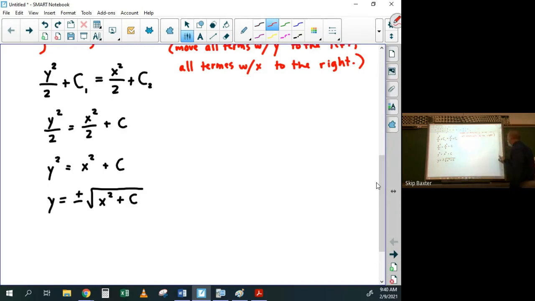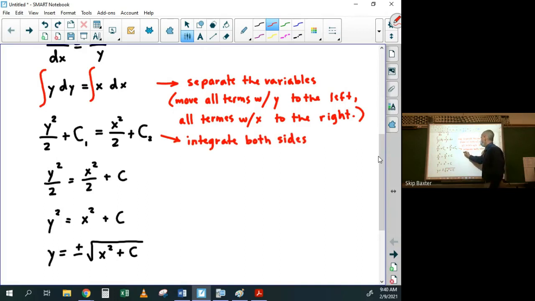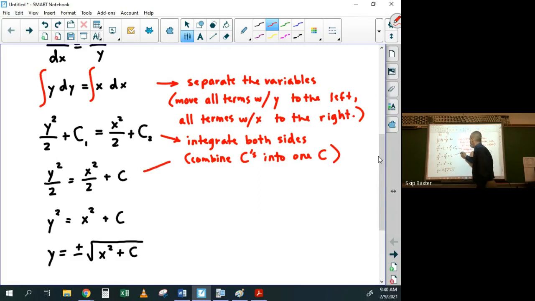Now let me write down the steps that I took. First, separate the variables. Second, integrate both sides. And you can combine the c's into 1 c. That's what I did in these 2 steps.